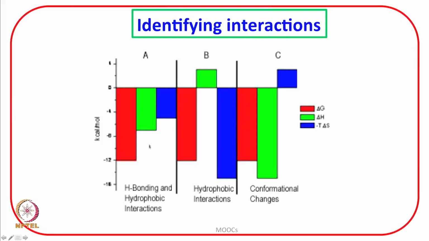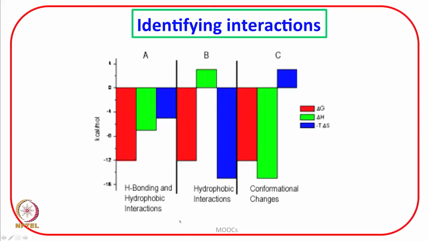That is predominantly indicating occurrence of hydrogen bonding interactions. It is possible that side by side there may be hydrophobic interactions, but a negative value of delta H is suggestive of polar interactions, which could be predominantly hydrogen bonding interactions.